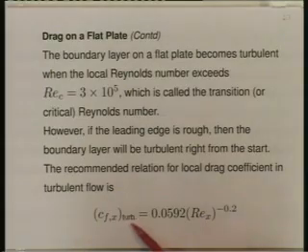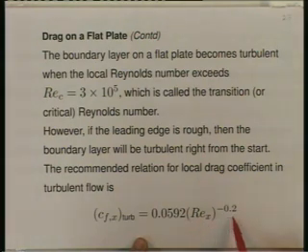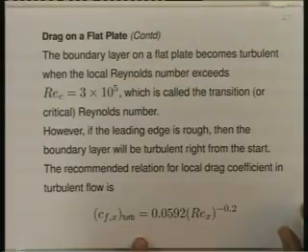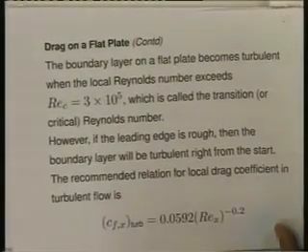I have used the subscript TURB indicating that it is for turbulent boundary layer. And here you will notice that it is inversely proportional to the local Reynolds number raised to 0.2. This is a correlation based on a large amount of experimental data.